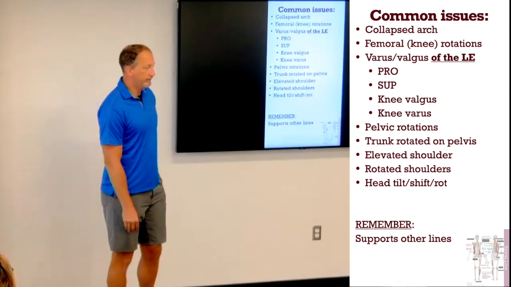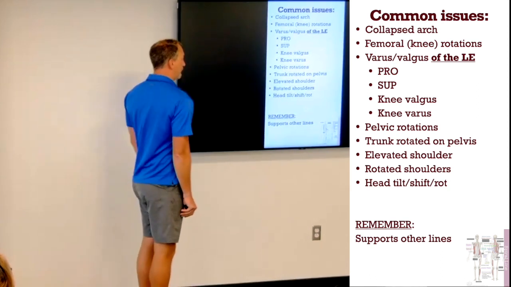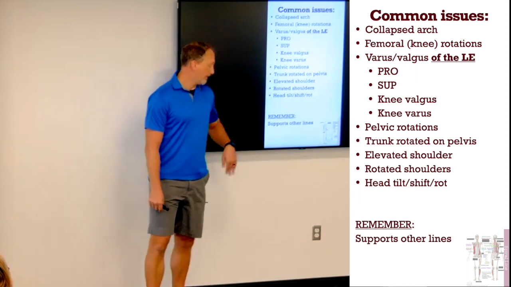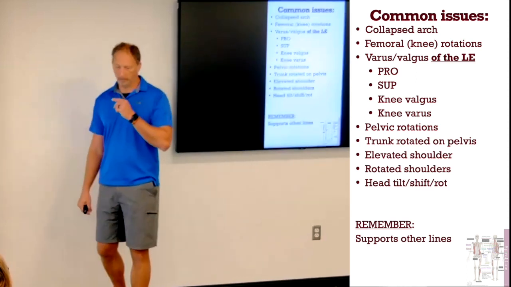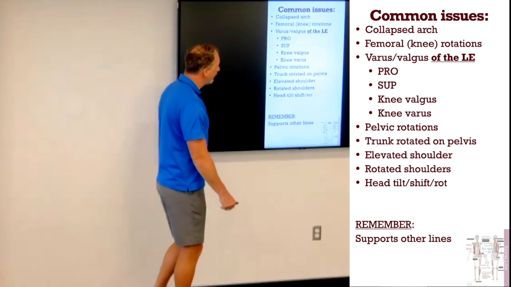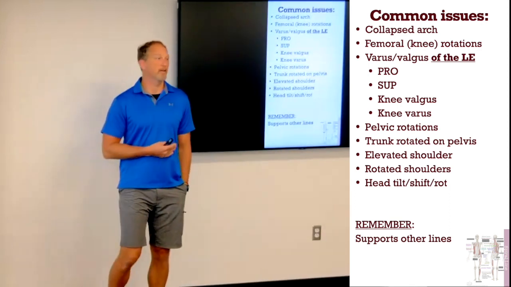Shoulders that are elevated or rotated off to the side, if you remember from the shapes, are a spiral line issue. Anything going on with the head, whether it's tilted, shifted to the side, or rotated, these are all reflections of spiral line involvement.